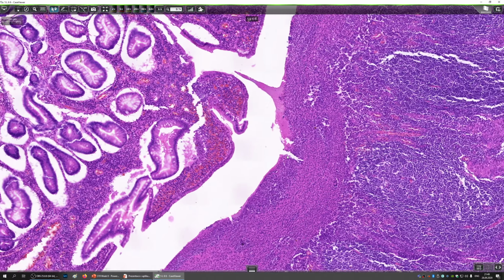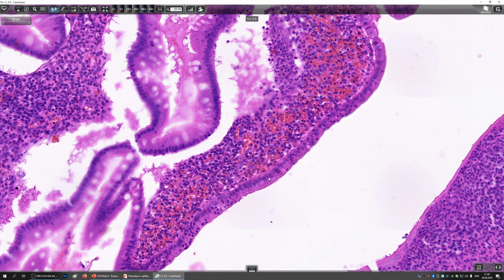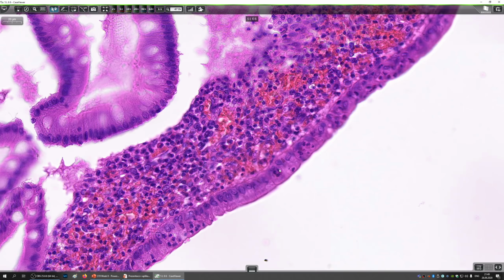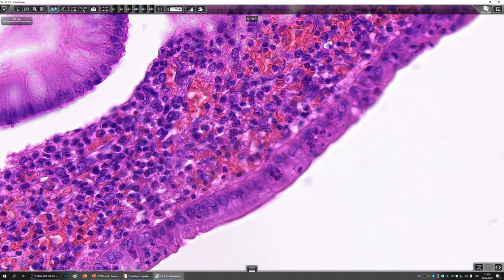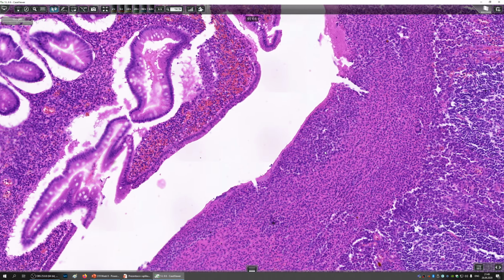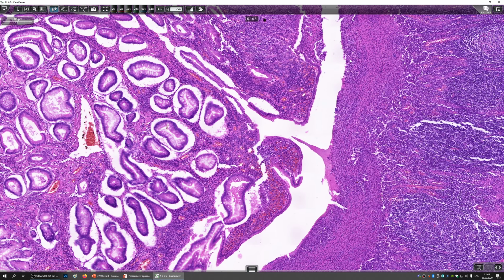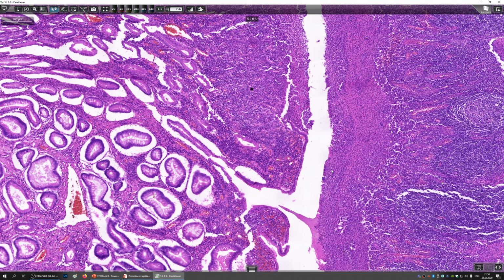Here we have some epithelium with very serious reactive changes. A lot of granulocytes are getting into the epithelium. And if we check here, you can see that the epithelium is missing. This is all ulceration. So the epithelium has been ulcerated away, so this patient probably had blood in the stool.